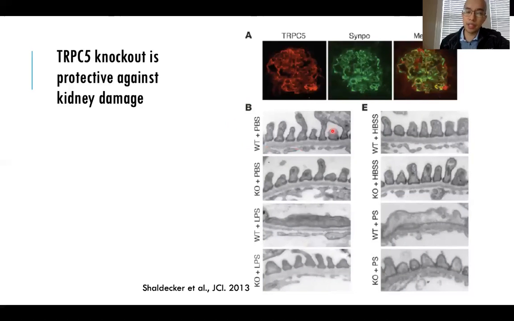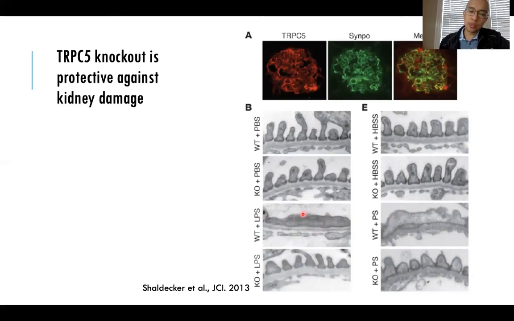And these cells are so called podocytes because they have these cytoplasmic extensions that are called foot processes. And you see these foot processes here in these electron microscopy images in these lower panels. So in a normal condition, this is what they look like. But when the kidney is exposed to an injurious stimulus, such as lipopolysaccharide here or protamine sulfate, we ablate these structures in a process called foot process effacement.